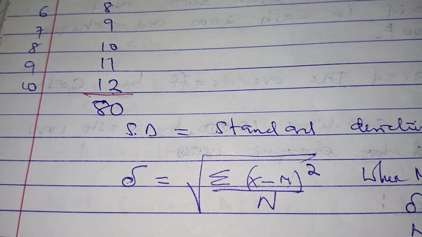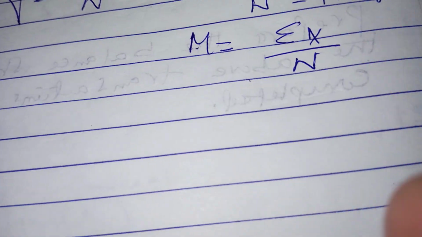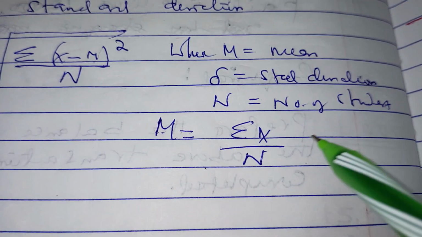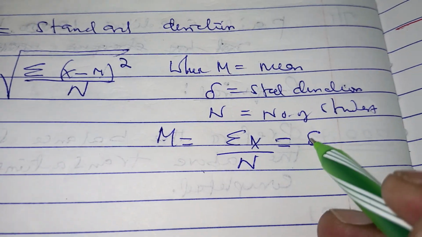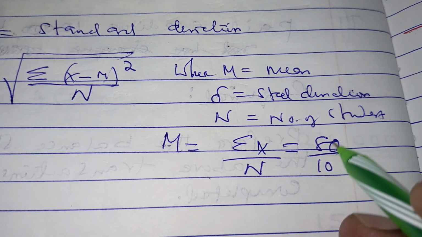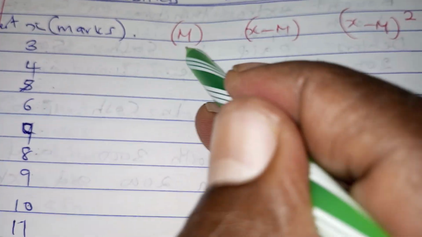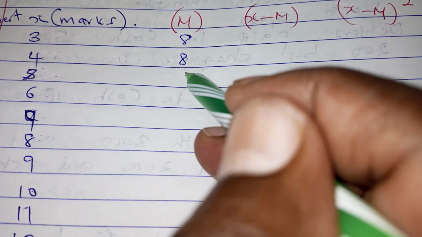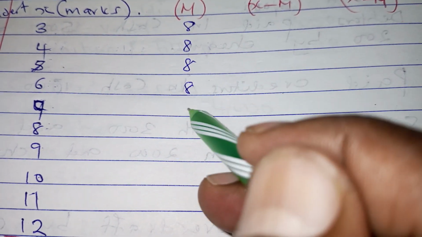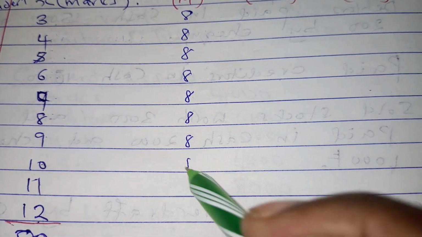Because the mean is the summation of x divided by n, we have 80 divided by 10, and so our mean now becomes 8. We can fill the whole column with the mean, and that is 8.